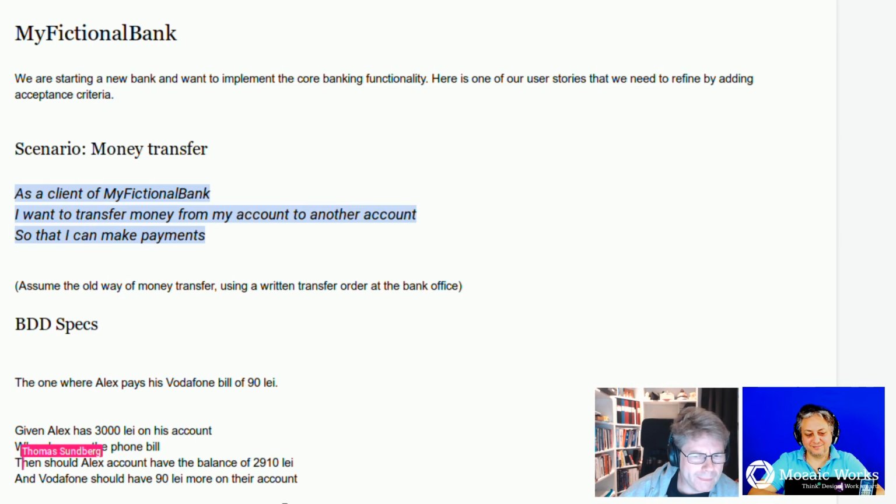So when he pays the phone bill, maybe we should say when he pays his phone bill of 90 lei. Now we have a number here. So we have three concrete things here. We have the concrete number 3,000, the other one 90, and all of a sudden we have 2,910, which is a concrete number, and finally we have the concrete number 90.